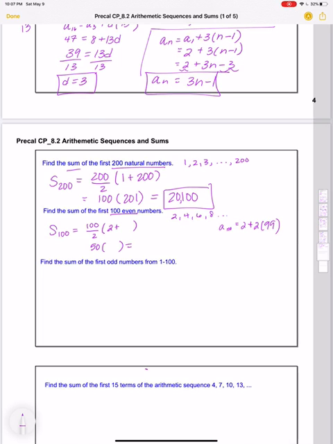Silly me. 99 times 2 is 198, plus 2 is 200. So the 100th number is 200. Wow, I was way off. So 202 times 50 is 10,100. There we go. That's more like it.